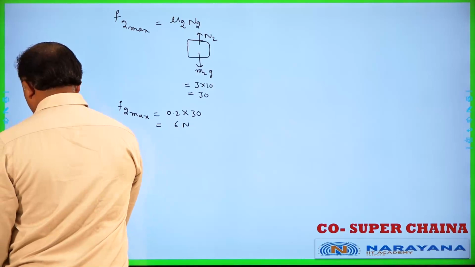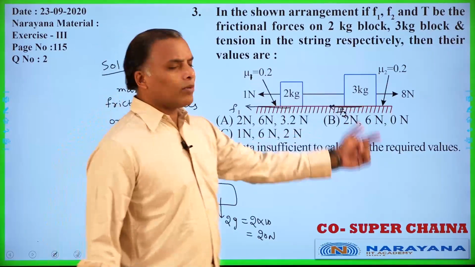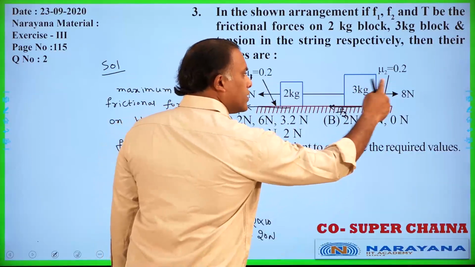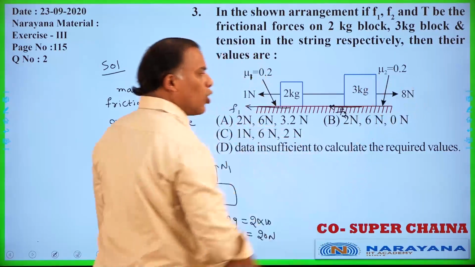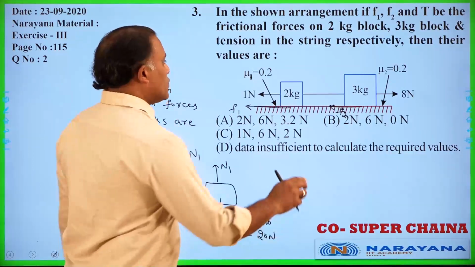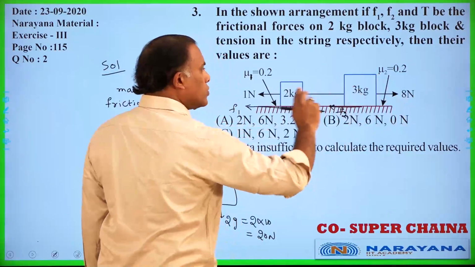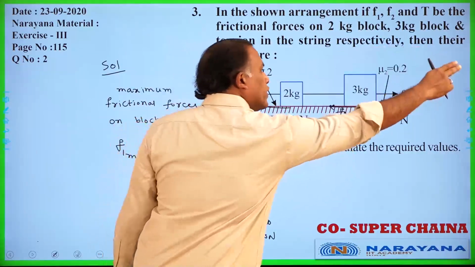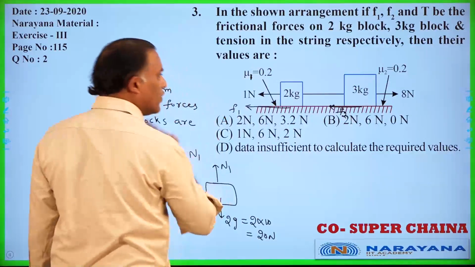Now if you go back to the question and see the diagram, here 8 Newton is acting. Definitely this 8 Newton will try to move this block this side. And here a 1 Newton force is acting. As 8 Newton is the dominating force, let these two blocks move that side, then friction will act this side.